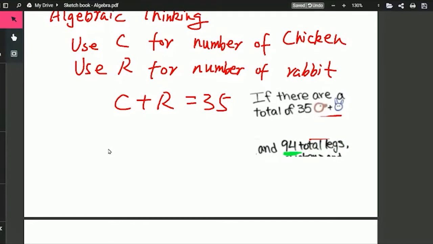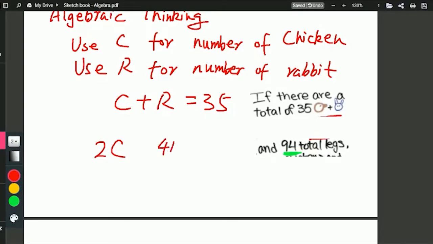We know each chicken has 2 legs. So if you have this many chickens, the legs will be 2 times the chickens, right? If you have 10 chickens, you should have 20 legs. If you have 20 chickens, you should have twice 20, 40 legs, because each chicken has 2 legs. And what about rabbits? They have 4 legs. So if you have this many rabbits, you should have 4 times that number of legs.